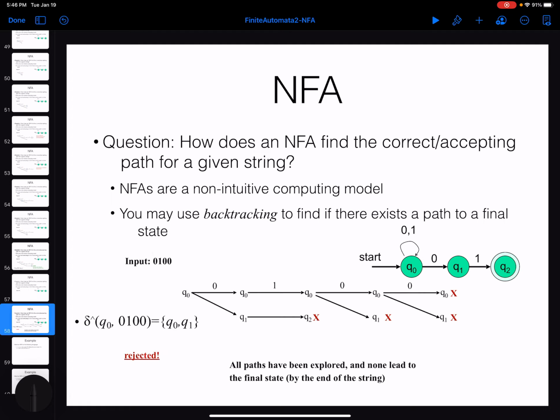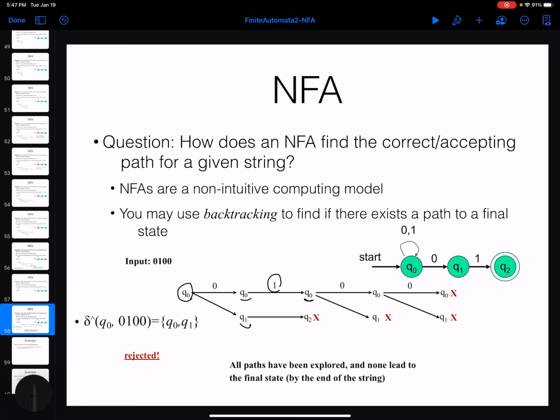You start from Q0, and you represent the full search with the transition on 0. There are two possibilities: either you stay at Q0 or go to Q1. In this path, with the next input symbol 1, you will stay at Q0. There is no more than one option here.